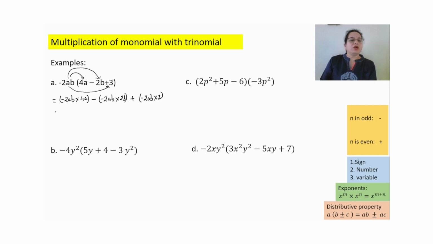So we have written all the terms. Now we will multiply. This will become minus 8a square b. Since two negative signs are there, this will become positive: 2 2s are 4ab square. And the last, only one negative sign is there, so minus 3 2s are 6ab.